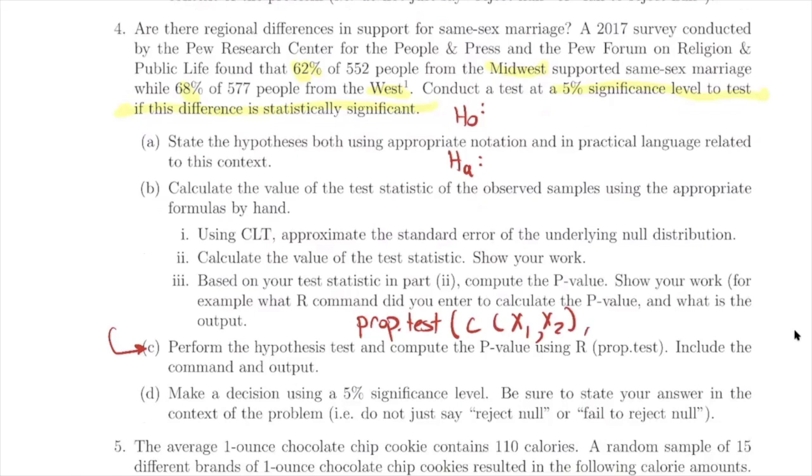First, we enter the successes as a vector or an array, and then we enter the sample sizes, and then possibly some stuff about the alternative hypothesis and so on. So you need to find out what these values are.